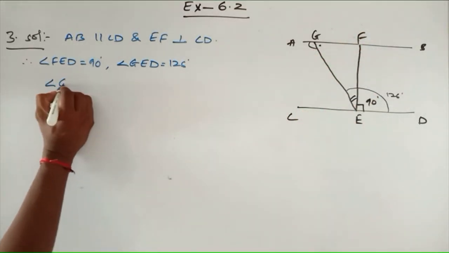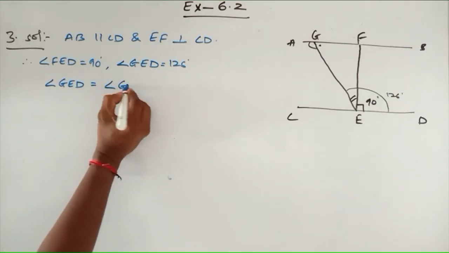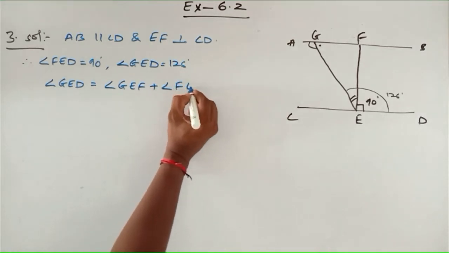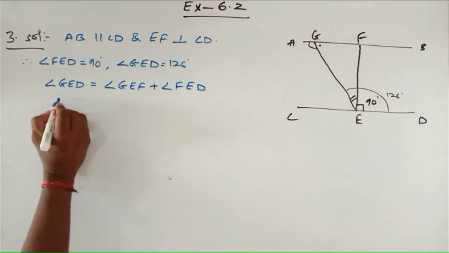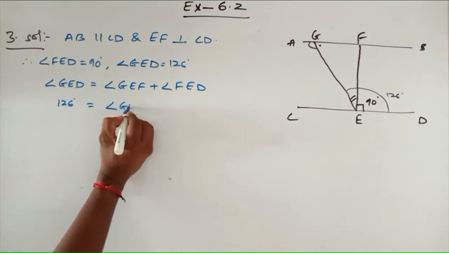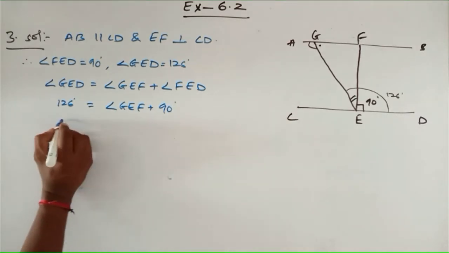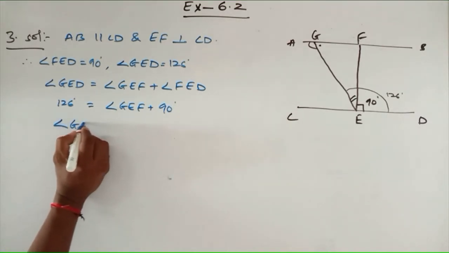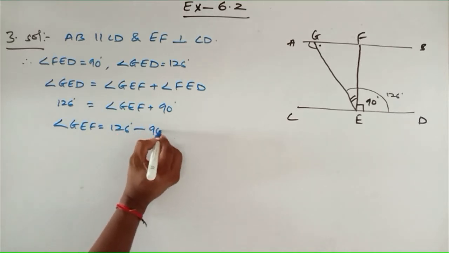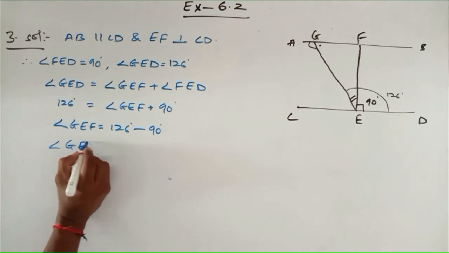So 126 is equal to angle GEF plus 90 degrees. Angle GEF is equal to 126 degrees minus 90 degrees, that is equal to 36 degrees.